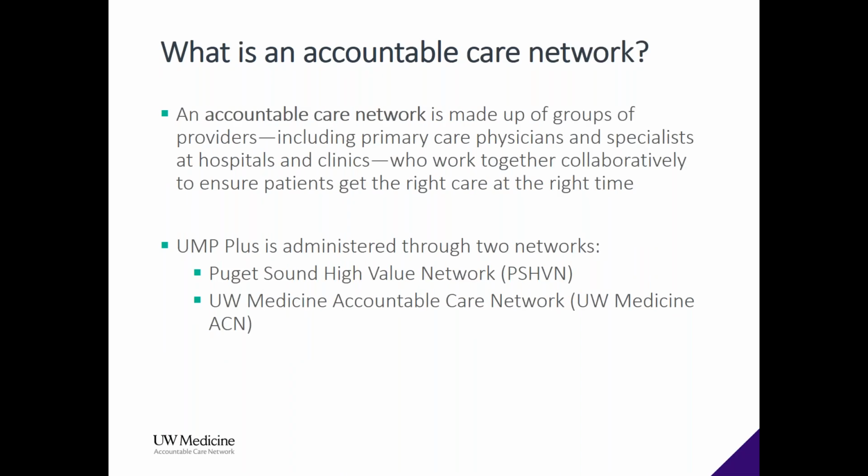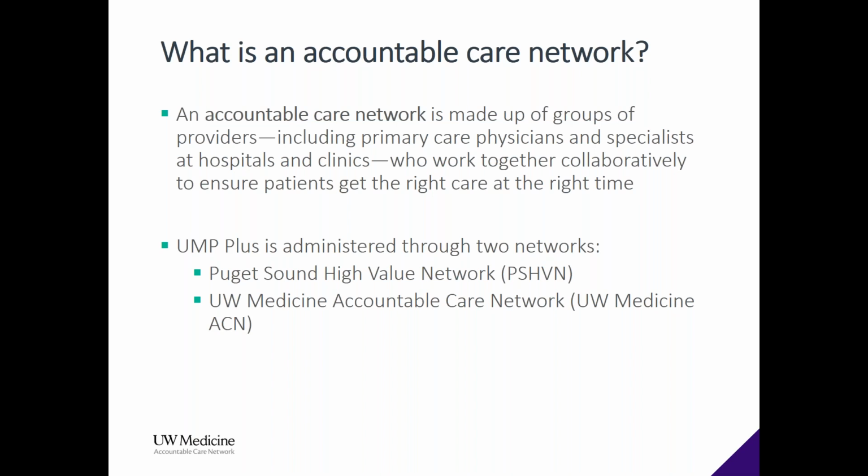Another significant difference is a consistent focus on coordination and quality. Known as Accountable Care Networks, or ACNs, the two UMP Plus networks are geographical groups of providers dedicated to working together on behalf of plan members. As a plan, UMP Plus was designed to provide public employees with healthcare services through networks of providers who choose to work together to improve care.